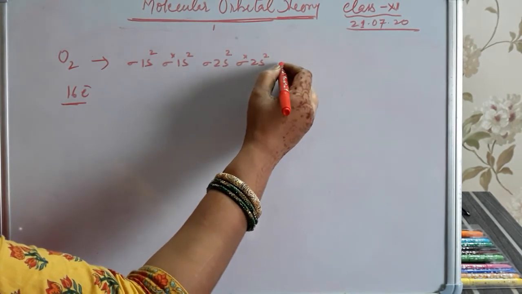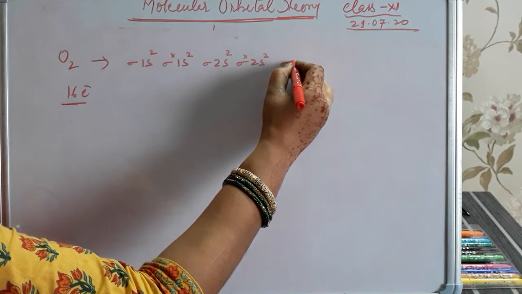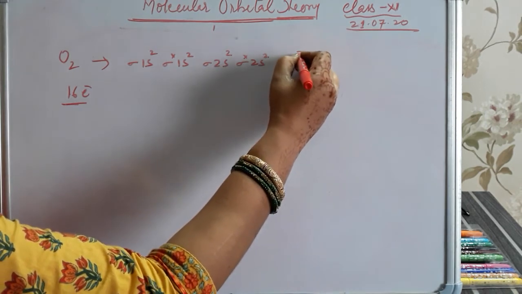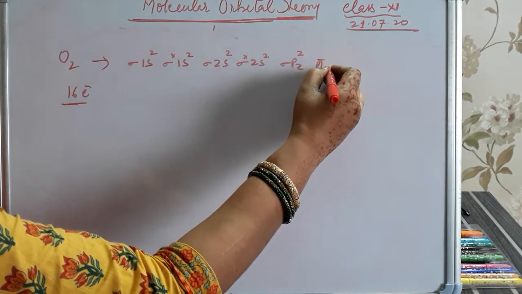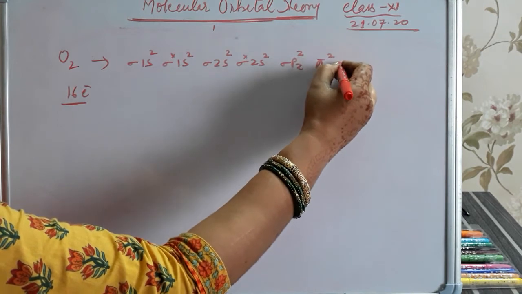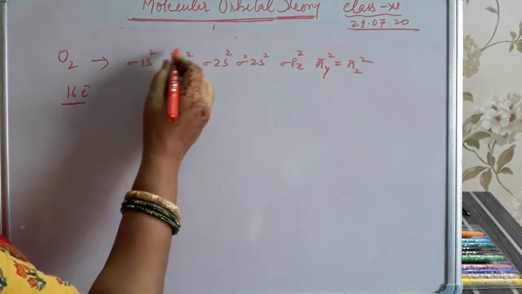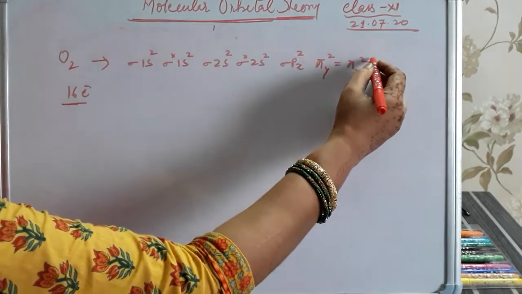After that we will use sigma bonding 2px orbital, and after that pi y2 and pi z2: 2, 4, 6, 8, 10, 12 and 14.